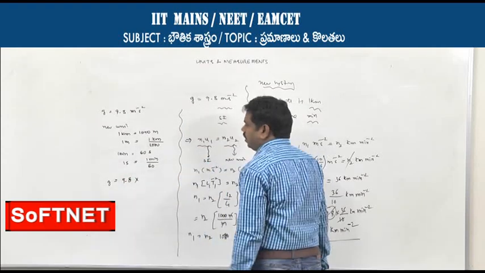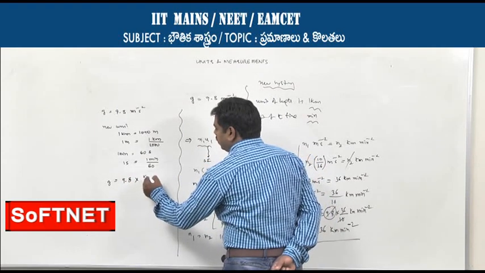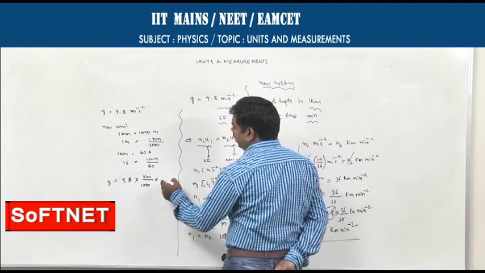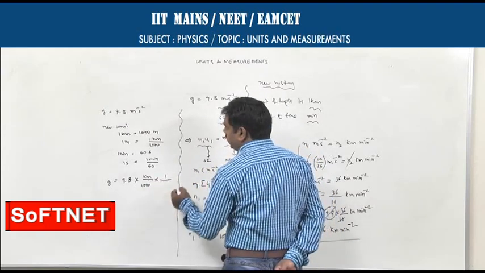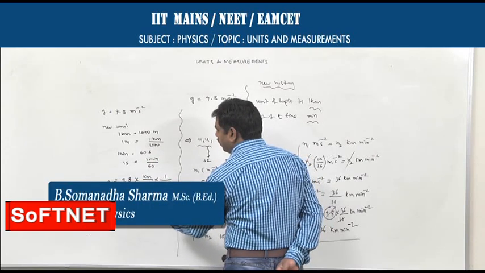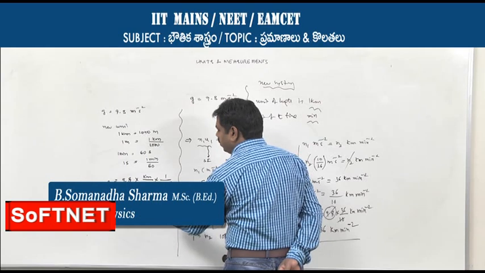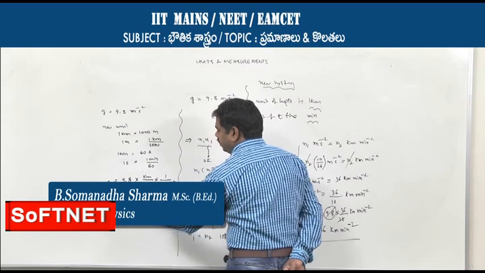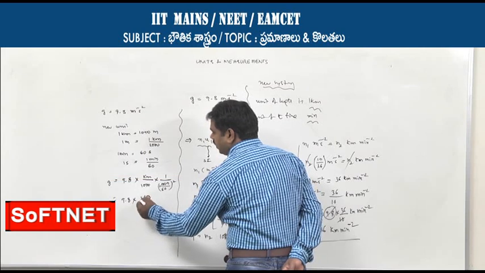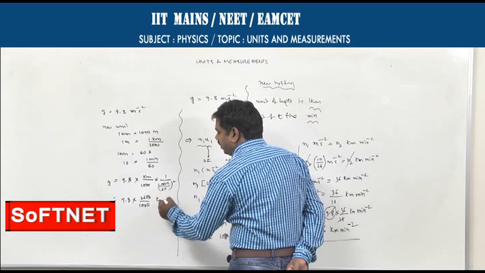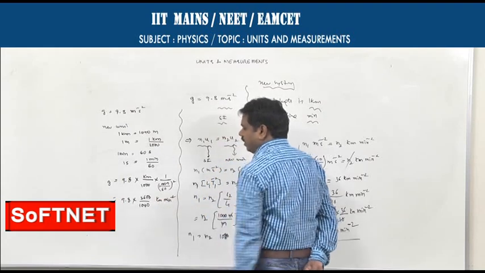9.8 into meter is equal to kilometer by 1000 into 1 by second square, means you can write minute by 60 whole square, that is 9.8 into 3600 by 1000 kilometer per minute square.